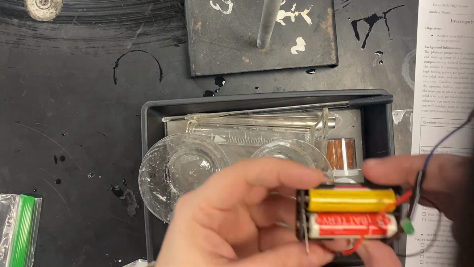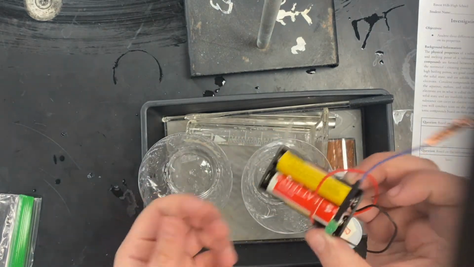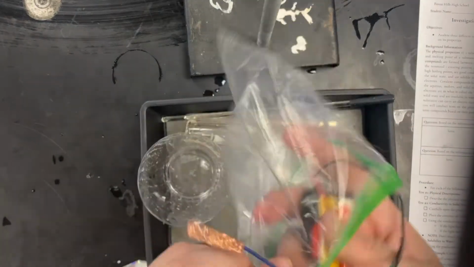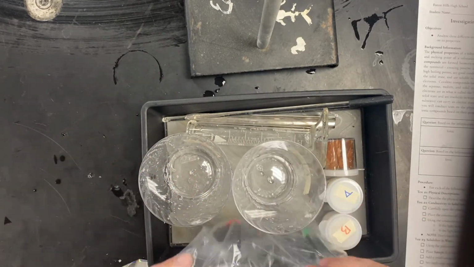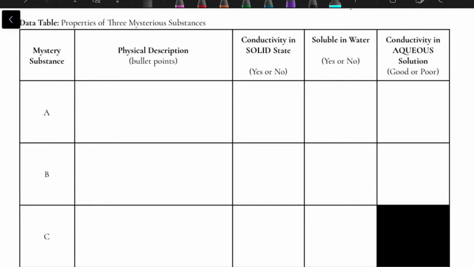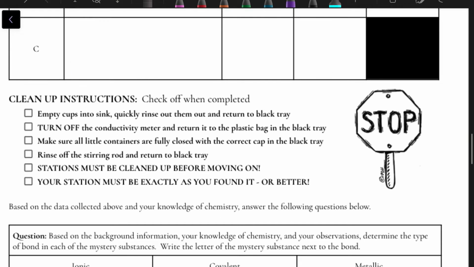Super important, make sure that you turn your conductivity meter off by just popping that switch up, throwing it back into your bag, and leaving it like that. Once you've filled out your table and you've conducted all 4 tests, cleanup is super important. Make sure at this point everything is cleaned up before you even consider moving on.